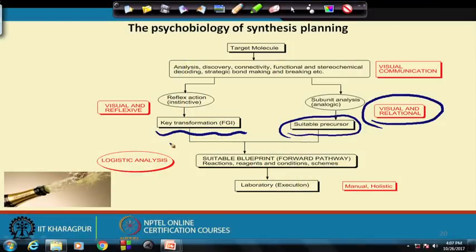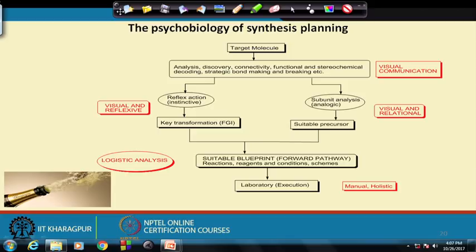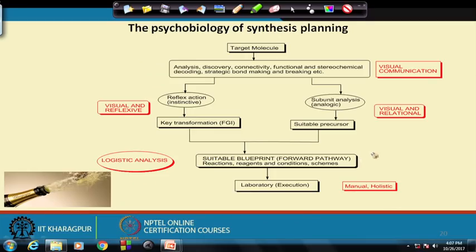So, once you have chalked out the whole thing, then you do a logistic analysis of the entire pathway, and then you design a suitable blueprint on a piece of paper or a computer, and then you try to analyze the whole pathway in the forward direction, which is called the forward pathway, because you have to make sure your designed pathway works in the lab, because organic chemistry is a practical chemistry.